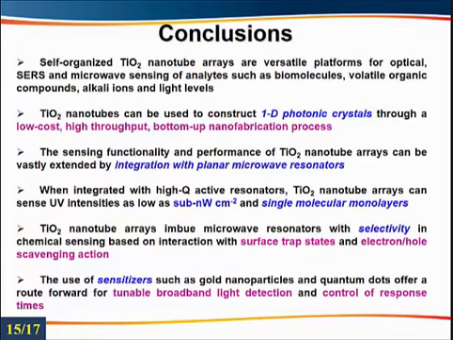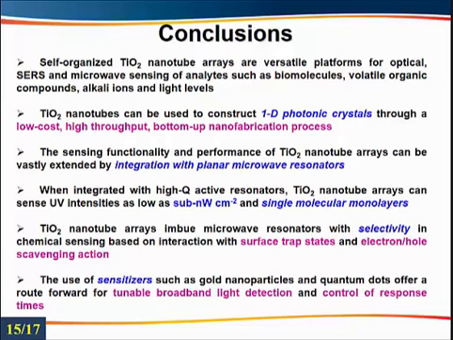With that, I come to the conclusions. Self-organized titanium nanotube arrays are versatile platforms for optical cells, which I haven't shown, and microwave sensing of analytes such as biomolecules, volatile organic compounds, alkali ions, and light levels. Titanium nanotubes can be used to construct one-dimensional photonic crystals through a low-cost, high-throughput bottom-up nanofabrication process. The sensing functionality can be vastly extended.